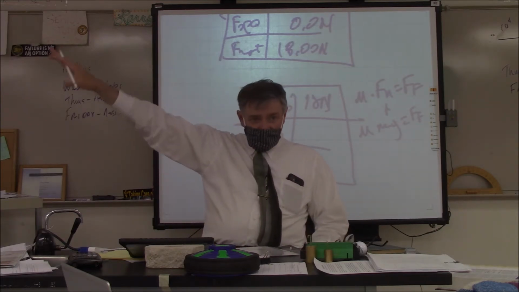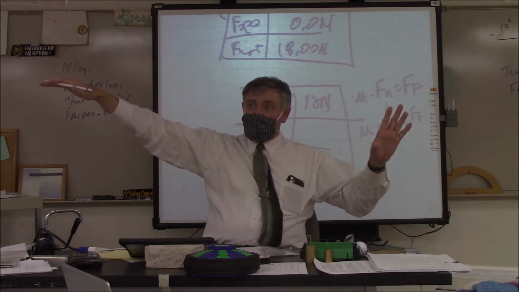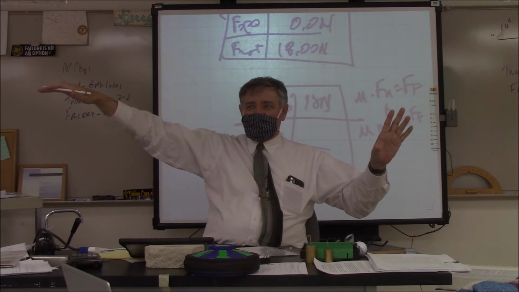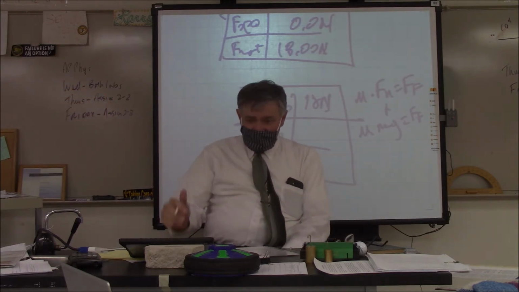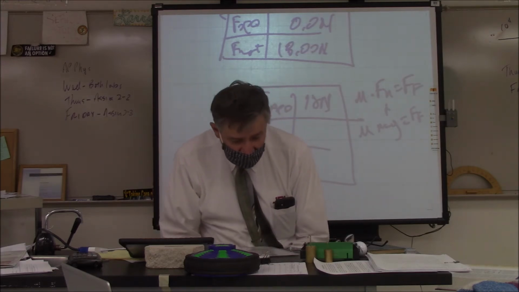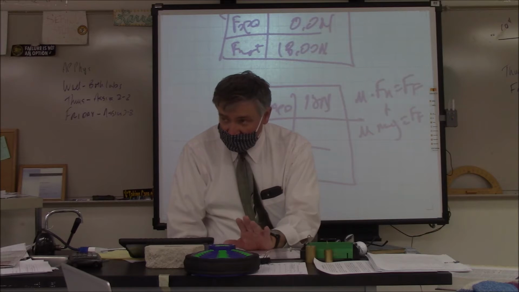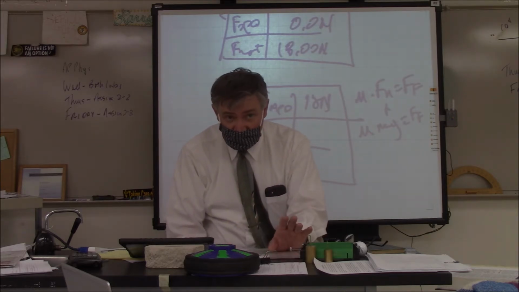If your applied force is positive 18 newtons, what's going to be the sign of your frictional force? Rachel? Negative. Yeah. And then the difference between those is going to be your net force. So your net force on number 5 should be around 10 newtons.